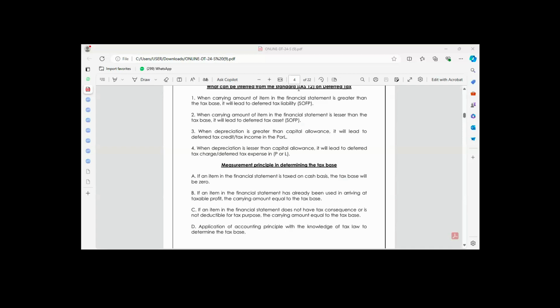Before we go back to the question, any question? Mr. Kazim, please, you were trying to explain this D part. At the application of accounting principles and knowledge of tax law, you are now seeing from the eyes of an accountant. Yes, I've explained. If you are using carrying amount, it is the eyes of an accountant.